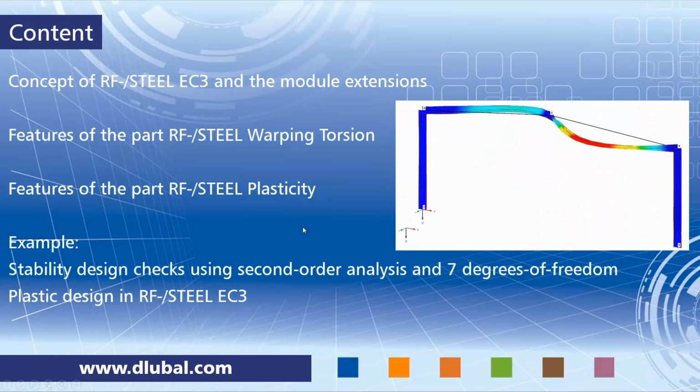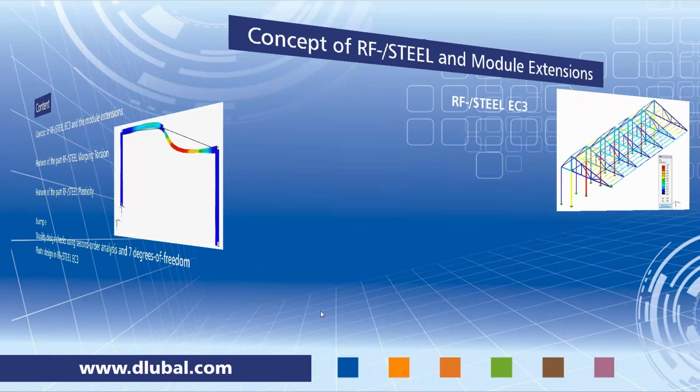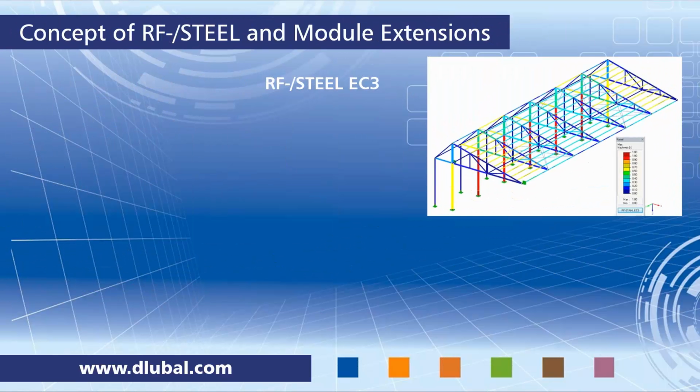Then it's time for me to hand over the screen to Wieland, and he will show you an example in RStab, and he will perform stability design checks using the second order analysis and employing 7 degrees of freedom. He will also perform a plastic design in RF-Plasticity.